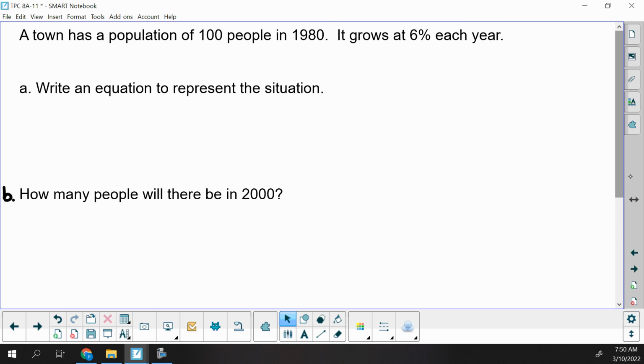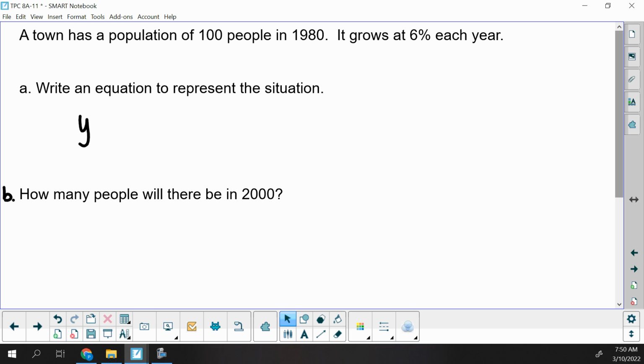All right, so we have a town with a population of 100 people in 1980, and it grows at 6% each year. Whenever you're changing by a percent, that is automatically exponential. So we want the basic setup a times b raised to the x.